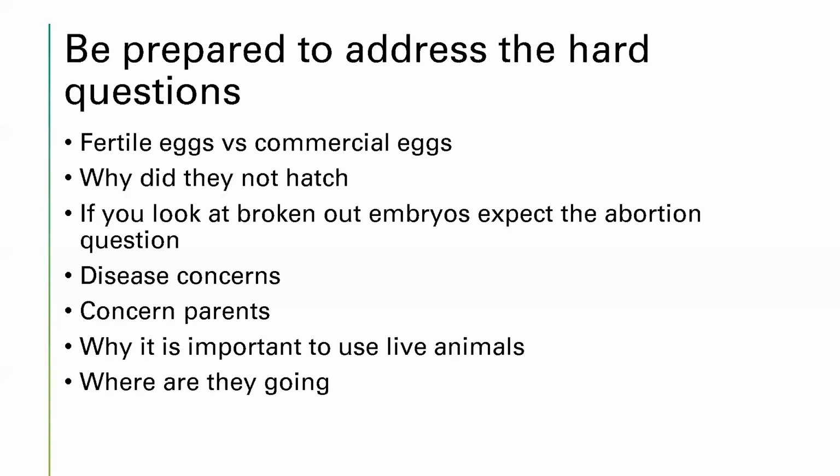Be able to explain why it's important to use live animals. The best thing we can do for children is to teach them to have a respect for live animals, and this is one of the ways we do it. And be prepared to discuss where the chicks are going when they're done with the incubation project.